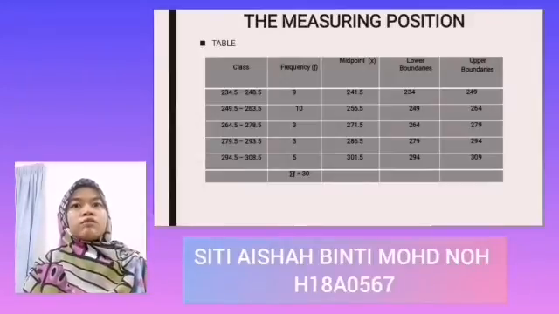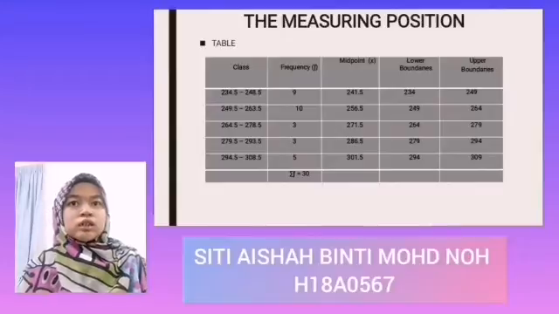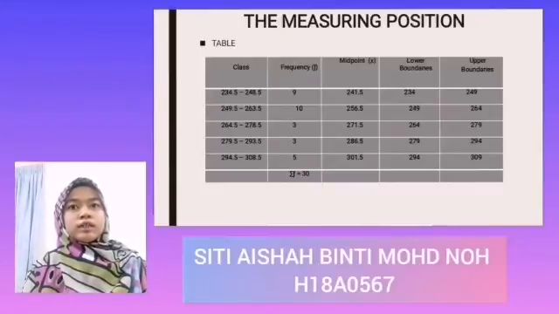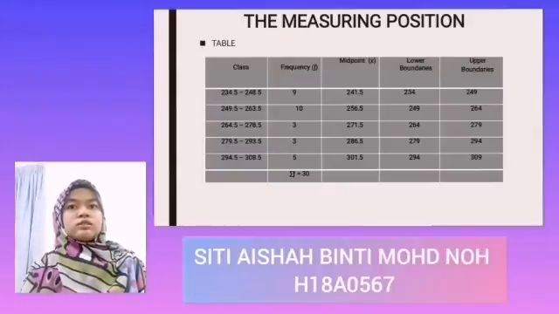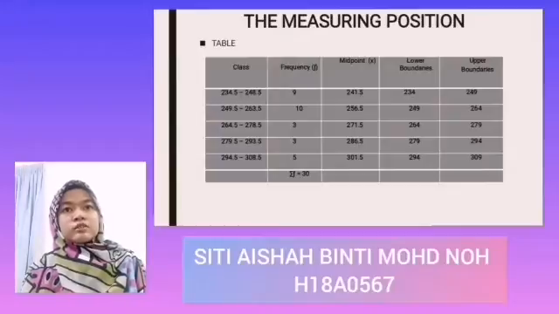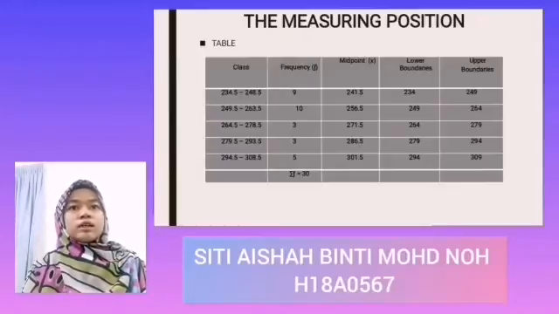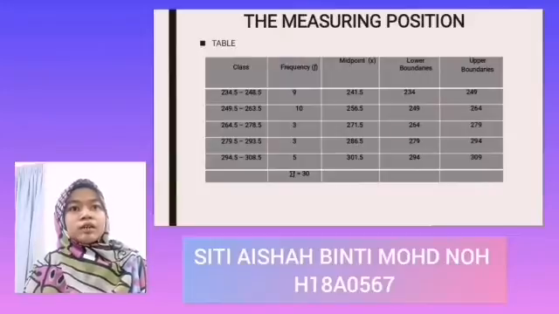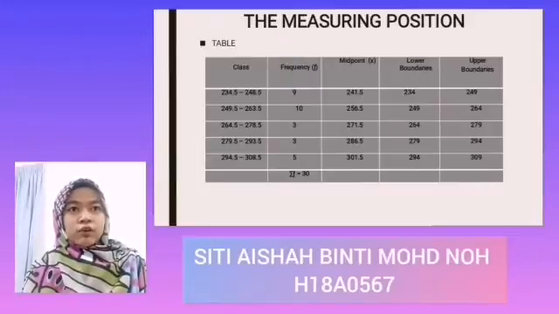For the fourth class, 279.5 until 293.5. The frequency is 3. Midpoint is 286.5. Lower boundary 279. Upper boundary 294.